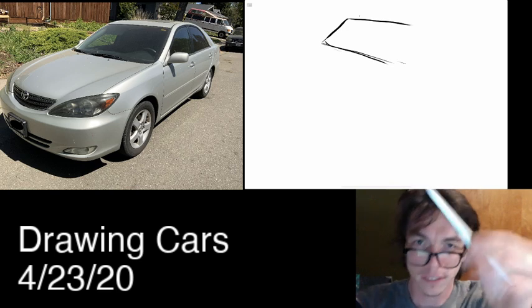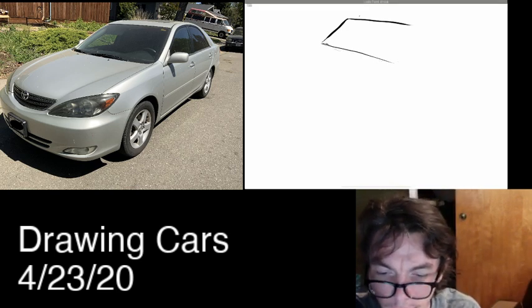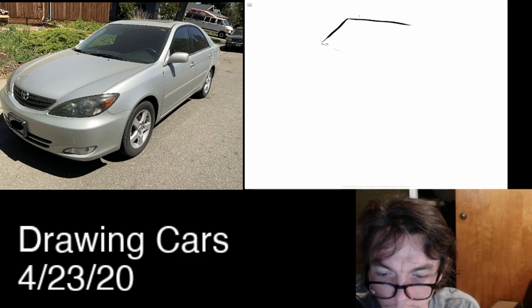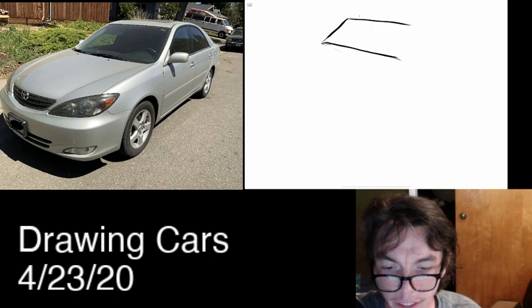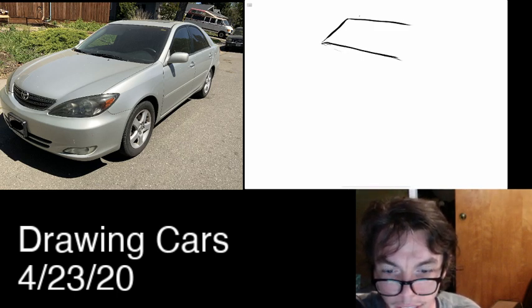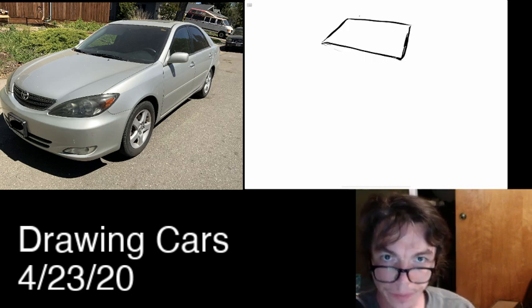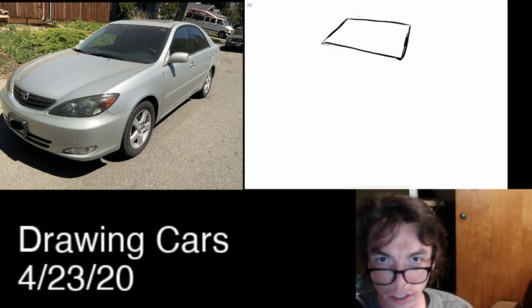It looks like it's about the same, but maybe a hair shallower of an angle. So maybe like that. Okay, and then this one comes down. This is definitely a steeper angle than the other side. Okay, so that's my windshield.